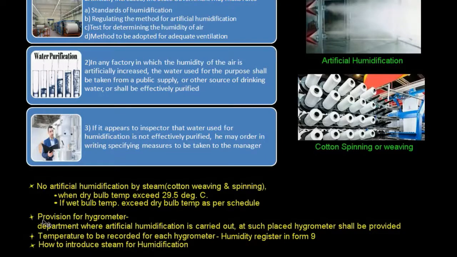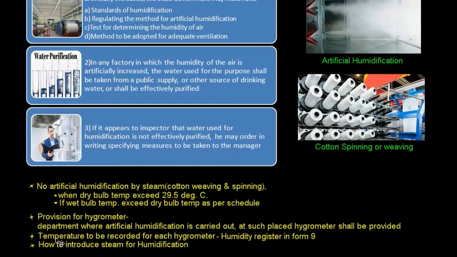Now the second one is provision for hygrometer. If you are carrying out artificial humidification, then you need to place a hygrometer. A hygrometer, as we know, is a device used to measure relative humidity. When you are placing this hygrometer in any department and location, you need to take prior approval for the location and position of the hygrometer from the factory inspector.